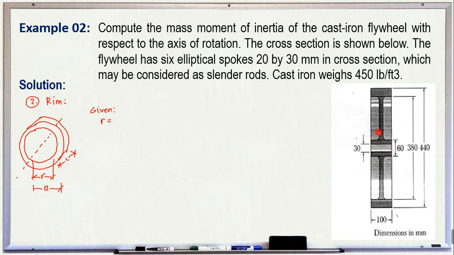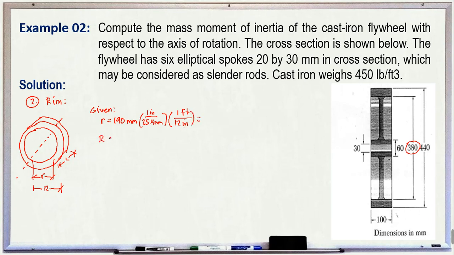Yung inner radius ng rim is ito, 380 divided by 2. No? So 380 divided by 2, that is 190. So 190 mm. Kakonvert yan natin. So 1 inch, 25.4 mm. Tapos 1 foot is equal to 12 inches.